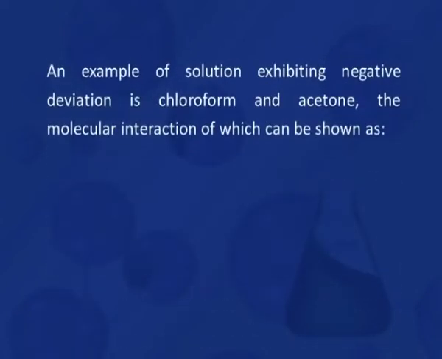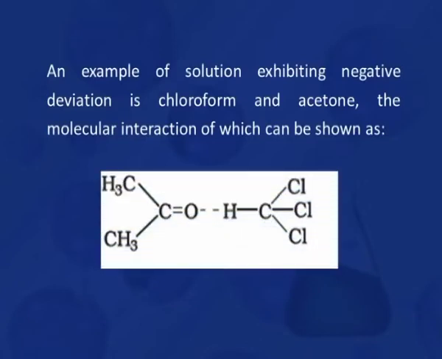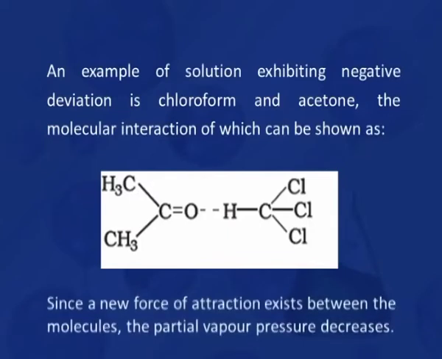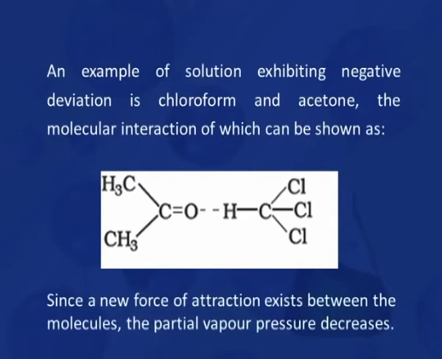An example of a solution exhibiting negative deviation is chloroform and acetone, the molecular interaction of which you can see in this figure. There is hydrogen bonding between the acetone and chloroform molecules. As a new force of attraction exists between the molecules, the partial vapor pressure decreases.